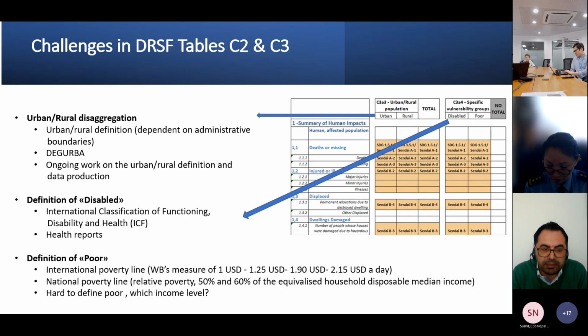For this reason, since 2014, the Turkish Statistical Institute hasn't produced any statistics at urban-rural level, and it was decided to produce it throughout the country. So the urban-rural data in accordance with the definition of the European degree of urbanization, which is known as Degurba, at province, district, and grid level, will be produced by the Turkish Statistical Institute.